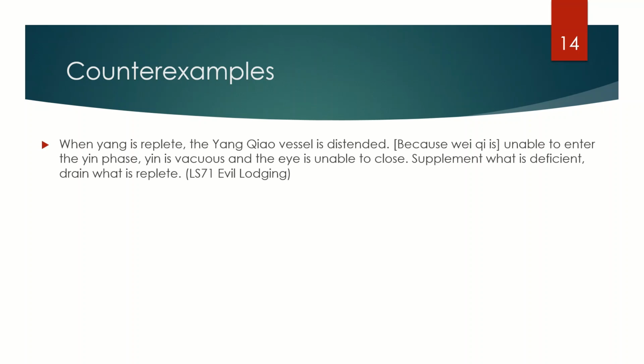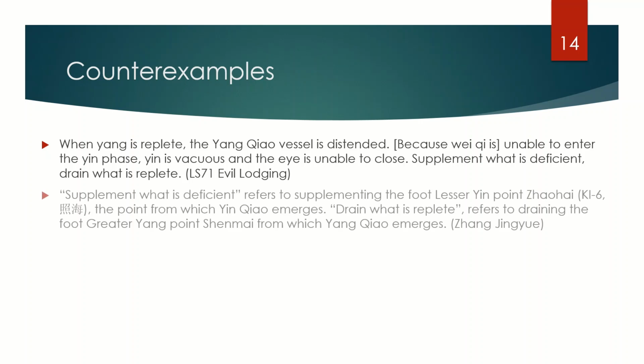Now, actually, the Spiritual Pivot does mention another kind of treatment strategy. Talking again in this Banxia Tang passage in Evil Lodging in LS 71, it says, when yang is replete, the Yang Qiao vessel is distended. Because Wei Qi is unable to enter the yin phase, yin is vacuous and the eye is unable to close. Supplement what is deficient and drain what is replete.